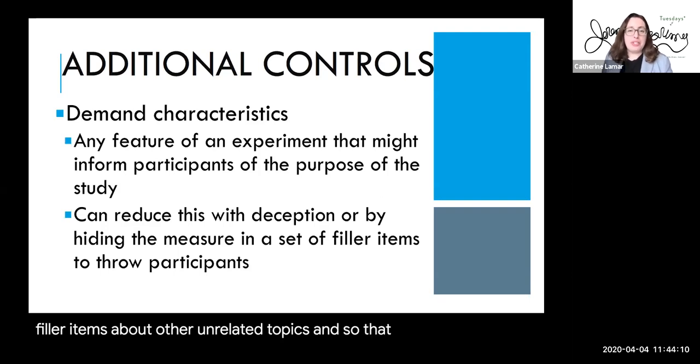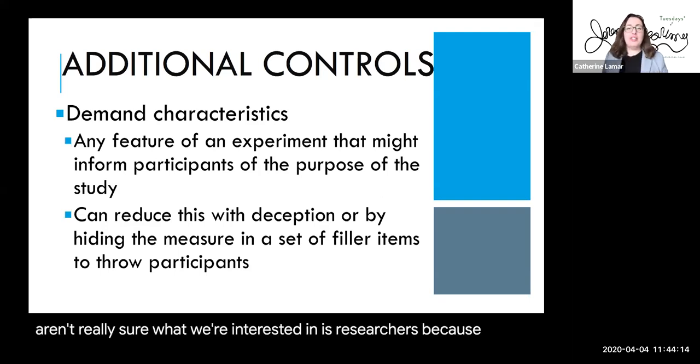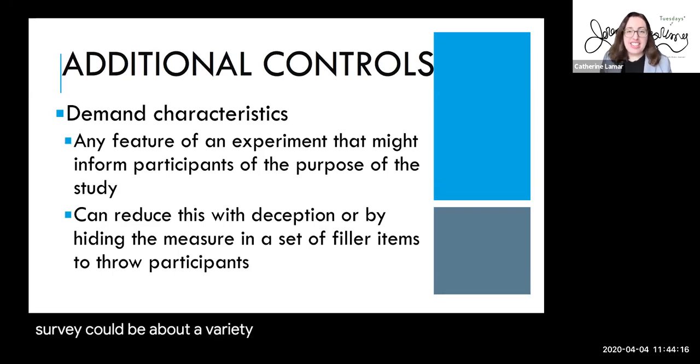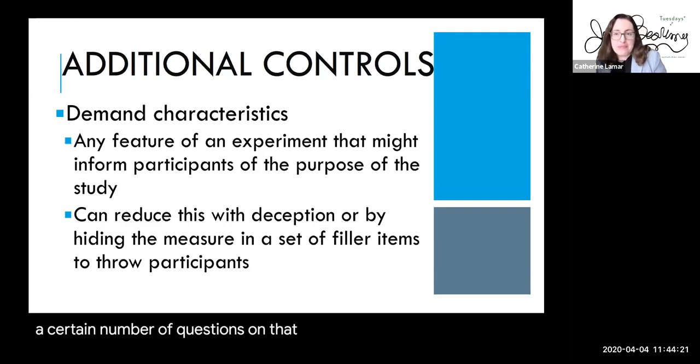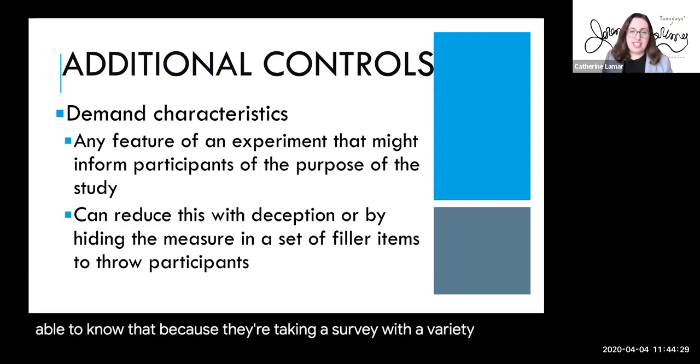That way participants aren't really sure what we're interested in as researchers, because the survey could be about a variety of things and we might only care about a certain number of questions that measure the constructs we care about, but participants aren't able to know that because they're taking a survey with a variety of different things in it.